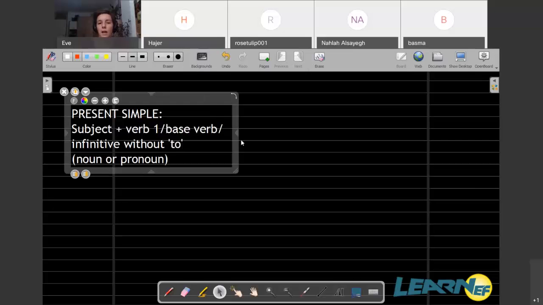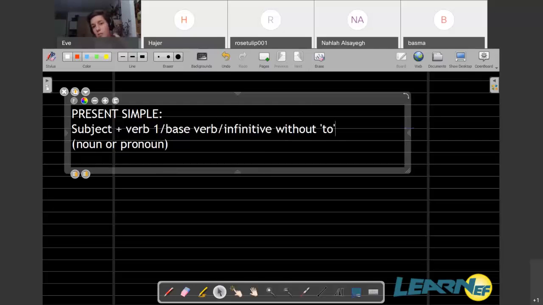You can find a lot of definitions of this verb. It just means the basic verb without any s, ing, ed, anything. That means the verb run, jump, sleep, study, just the basic one.